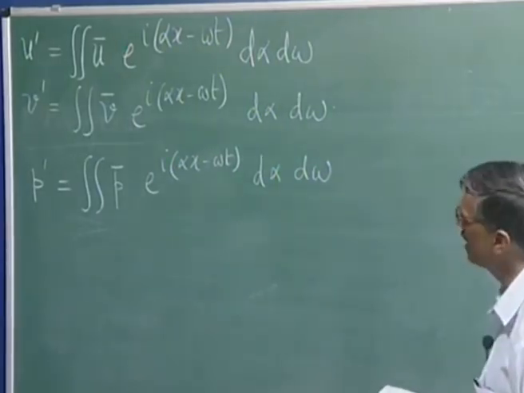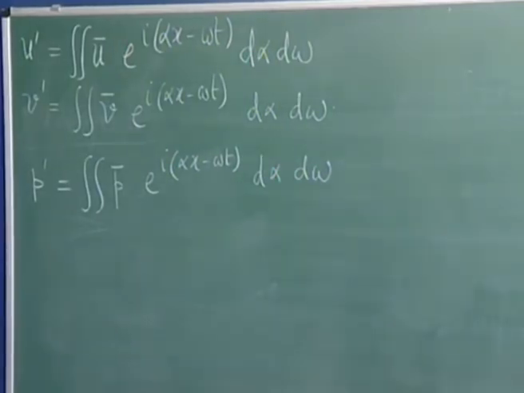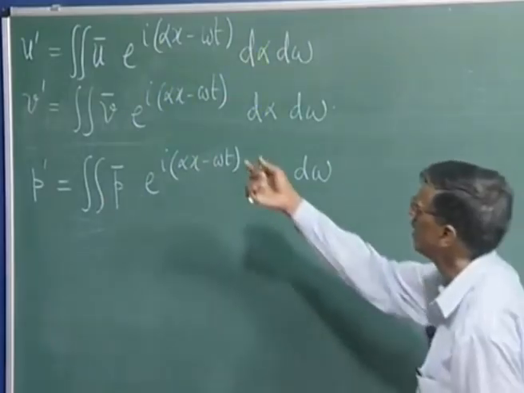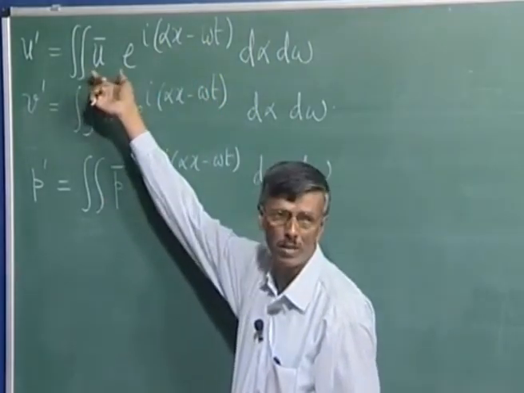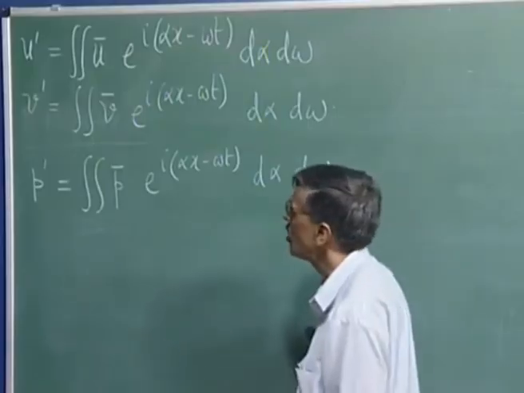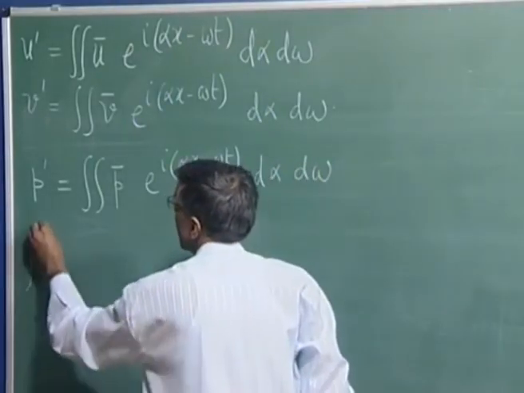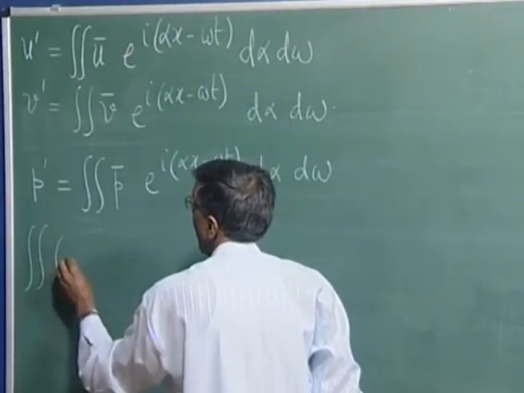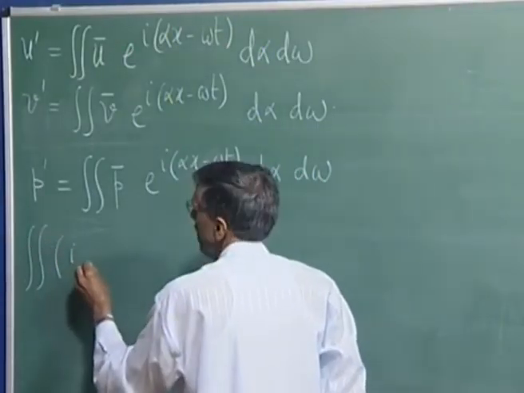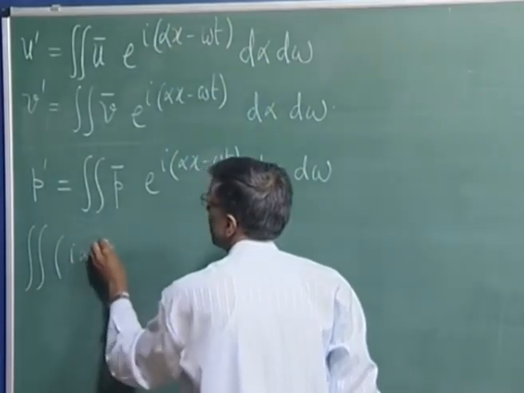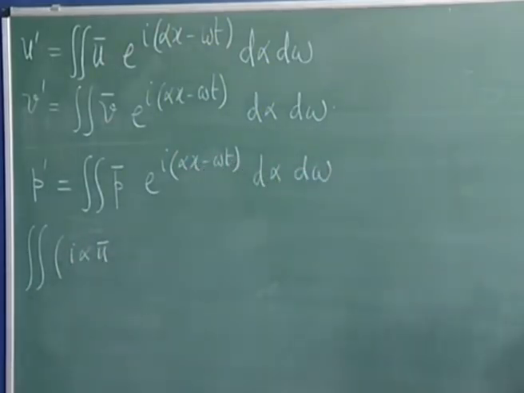What do I get if I take del u prime del x? I'll get i alpha u bar times this phase relationship. I'm not going to write down the phase relationship, but you can understand it is very much there. So from del u prime del x we get this. What about del v prime del y?